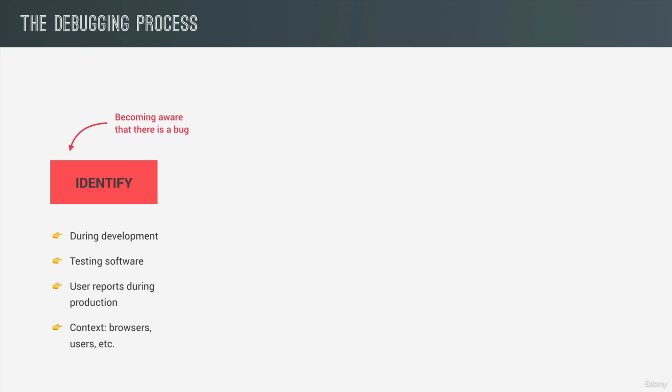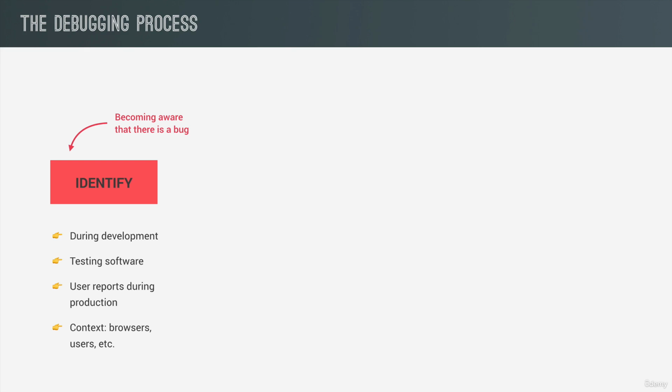So the first step is to actually become aware that there is some kind of bug. Because as I said, in a large application, bugs can actually go undiscovered for years. Now, discovering bugs usually happens during development, using automated testing software, or user reports during production. And bugs that are identified during production are the worst bugs, because it means that they went undiscovered during development and are now affecting real users of our application.